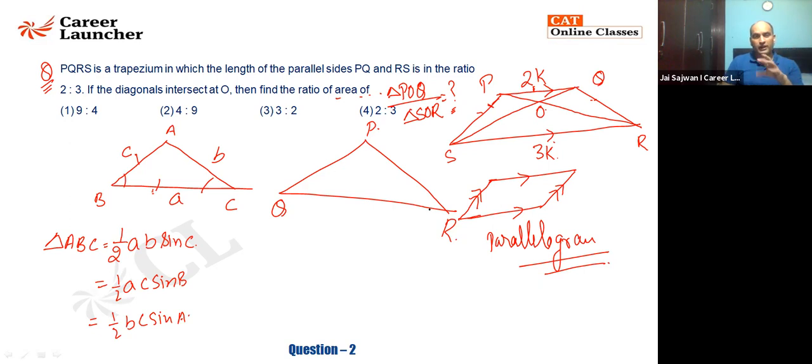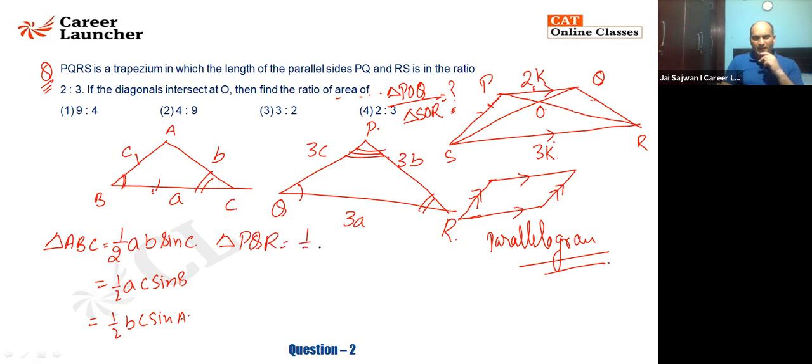Now, if I talk about triangle PQR, I'll say this side is 3a, this side is 3b, and this side is 3c. I hope you understand. Whenever 2 triangles are similar, their angles come out to be the same. So this is equal to this one, double one is equal to double one, triple one is equal to triple one. So these triangles are similar. So what about the area of triangle PQR?